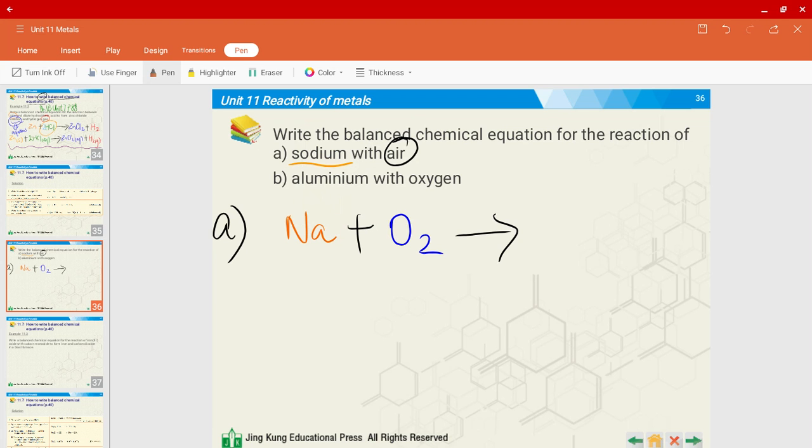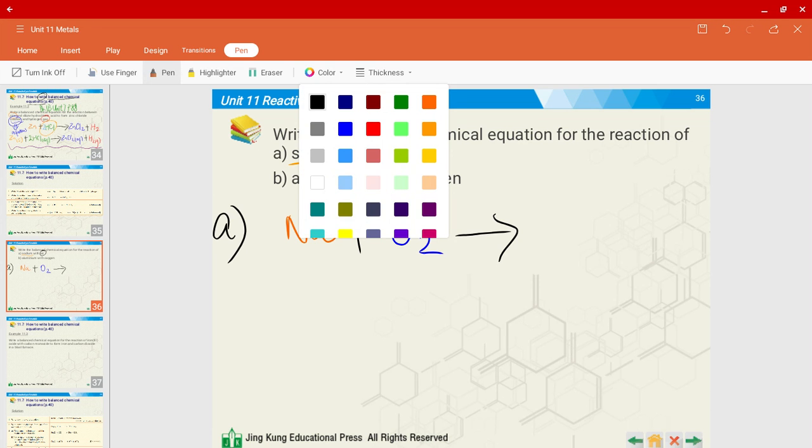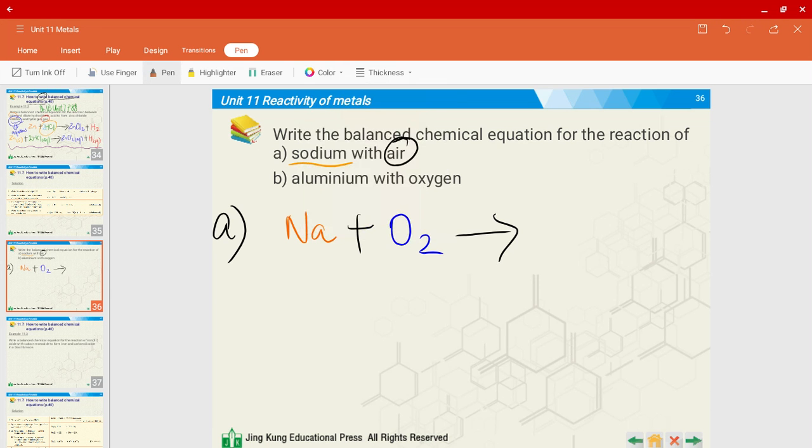This is where your prior knowledge of this particular type of reaction comes in. If you remember the word equation, the metal plus oxygen, so in this case, sodium plus oxygen, you would get sodium oxide. So that is the product being formed.